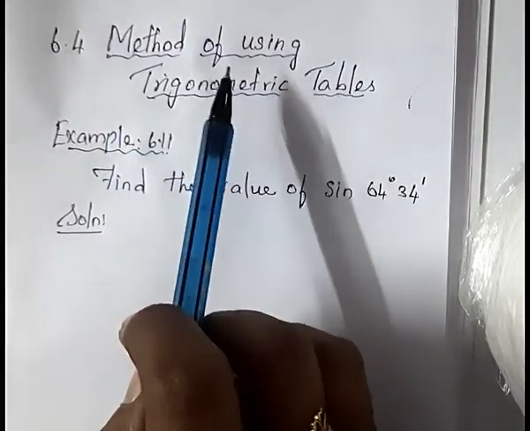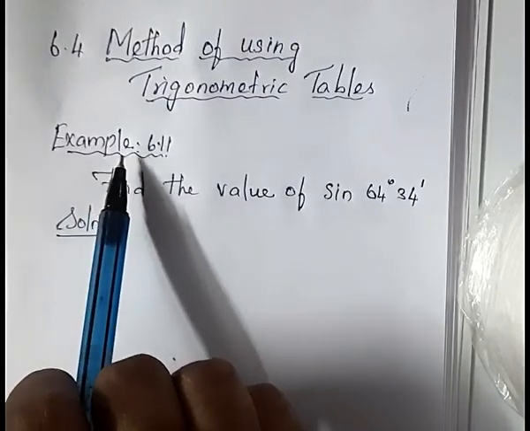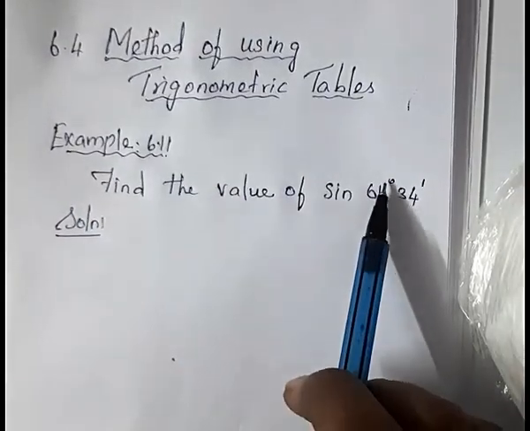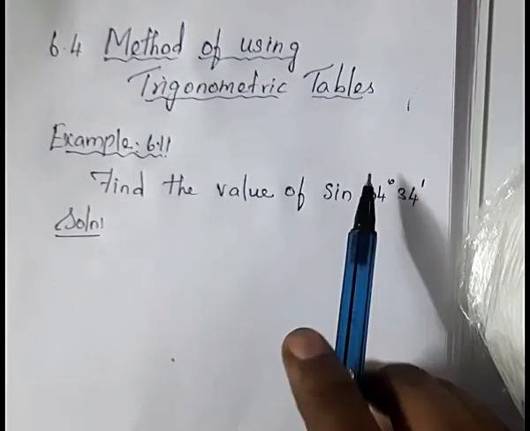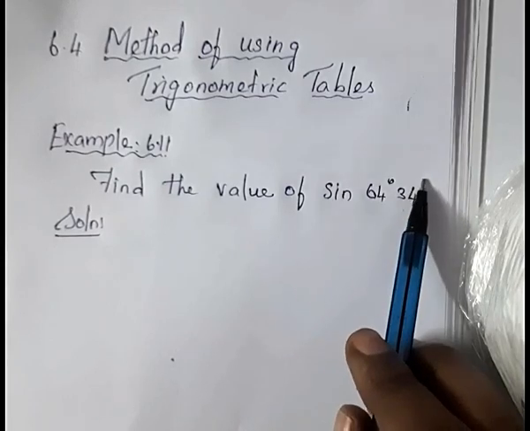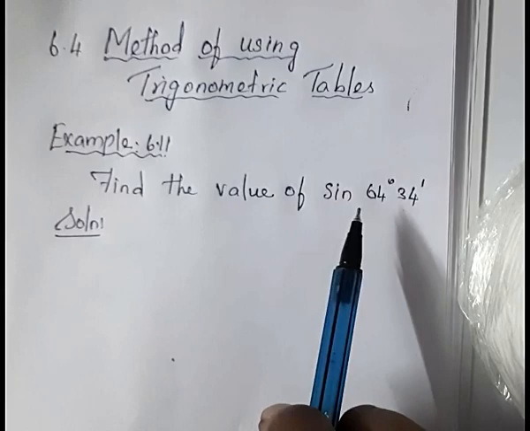Next section, method of using trigonometric tables. First one, example 6.11, find the value of sin 64 degree 34 minutes. So I have to read this like this, 64 degree 34', this dash is known as minute. So we are going to use tables.